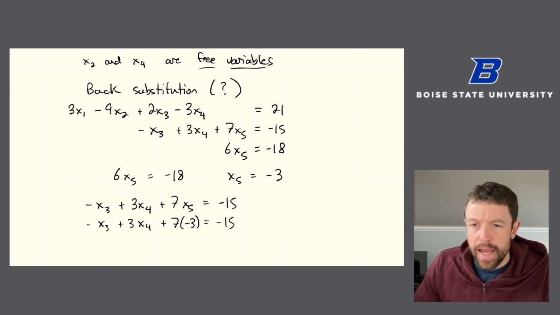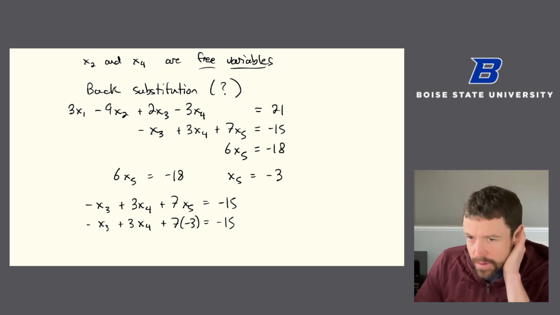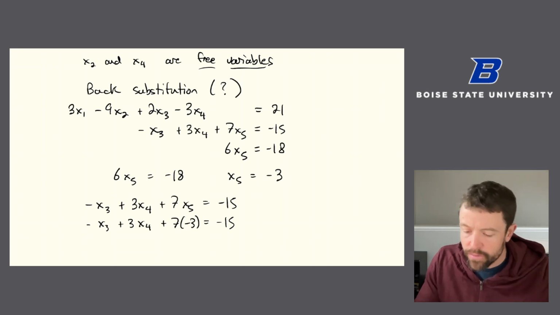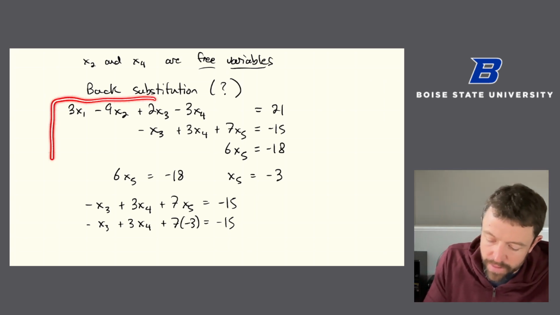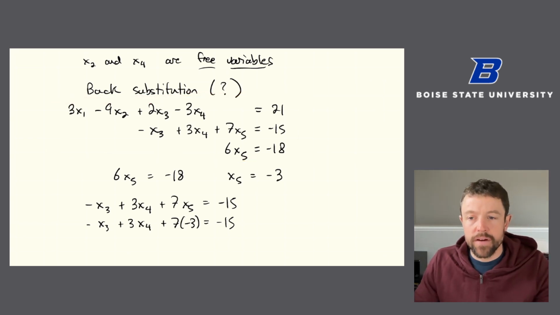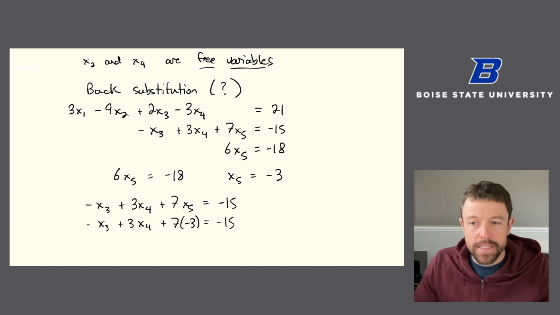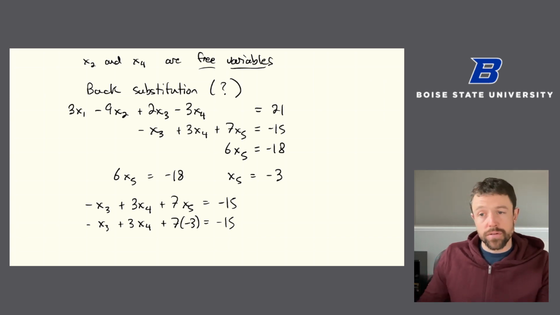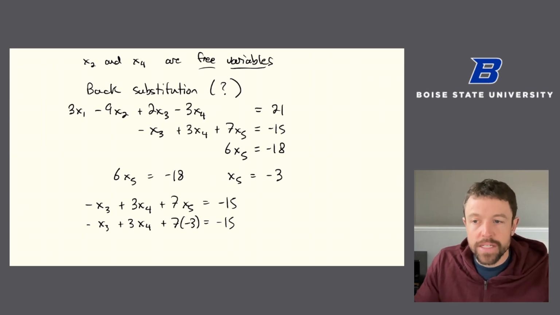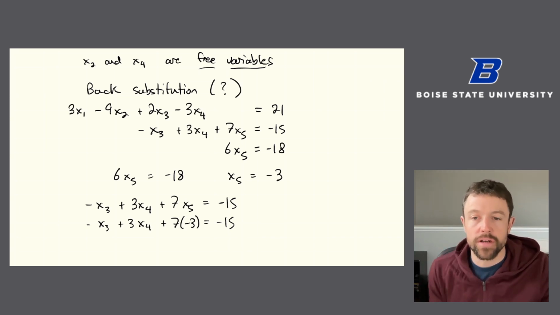But actually, if you think about this, you can realize that I have 3 equations and 5 variables. And when I have fewer equations than variables, I'm never going to get exactly one solution. I could have no solutions, or I could have infinitely many solutions, but I don't have enough information to narrow things down to a single solution. And so things should look different.